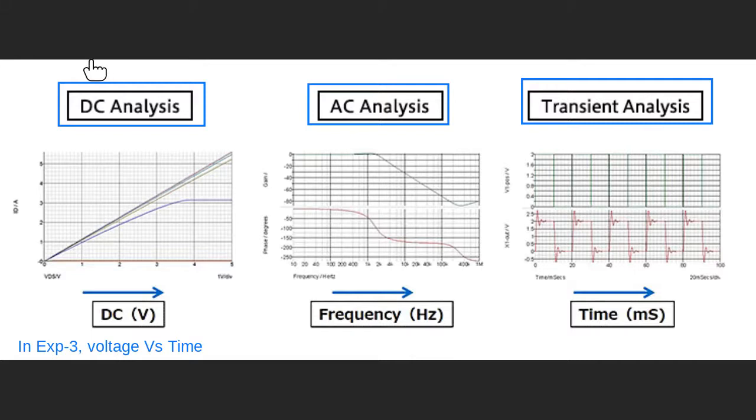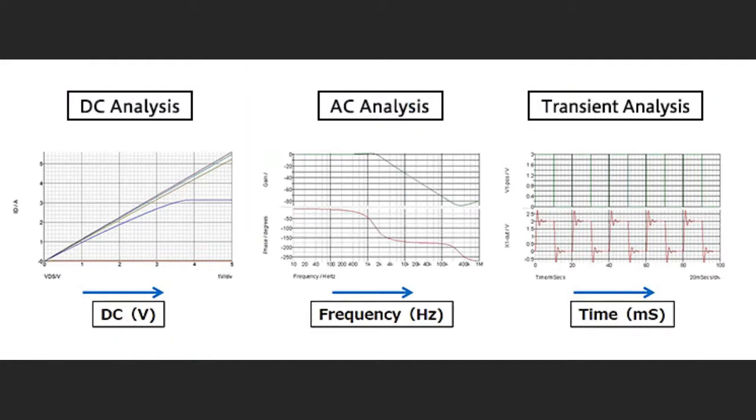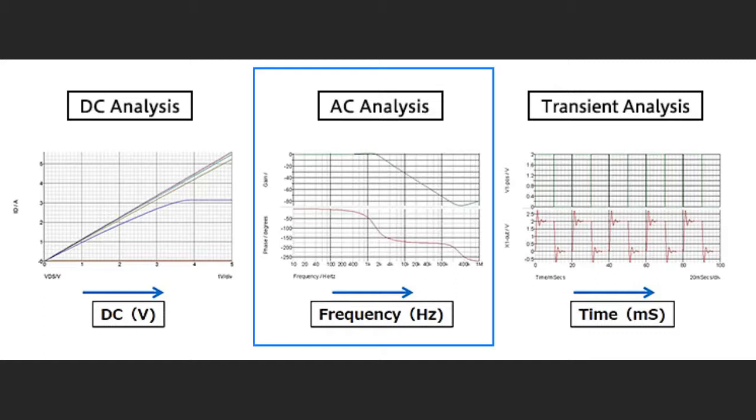Understand? So next, in experiment number 4, today inshallah we are going to learn about AC analysis. What is AC analysis? You will calculate the output, that is, you will calculate the magnitude and the phase with respect to frequency.